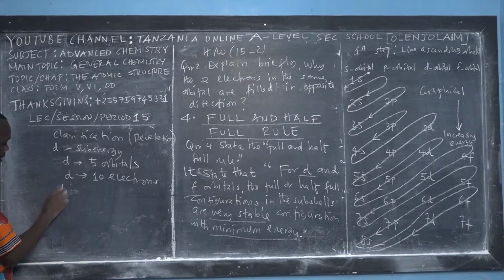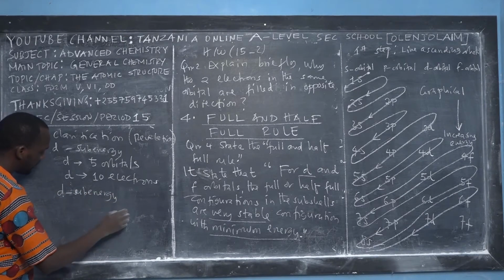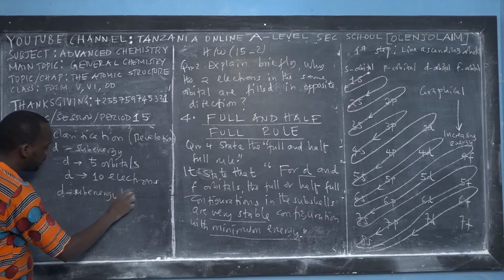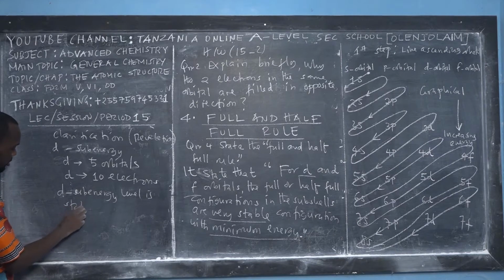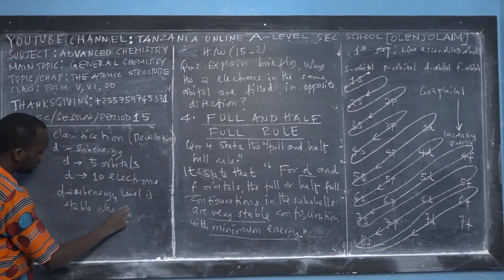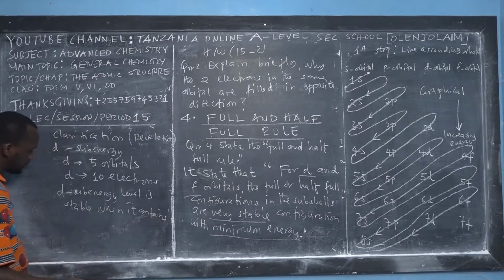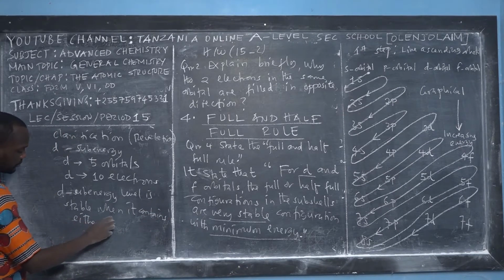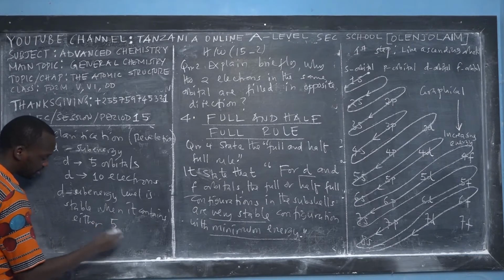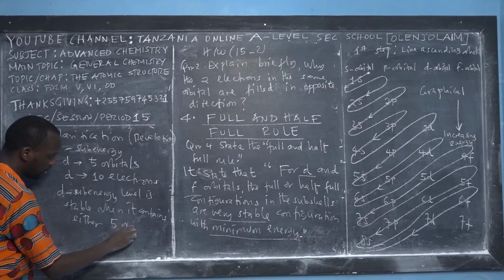So the D sub-energy level is stable when it contains either 5, which is half filled, or 10.